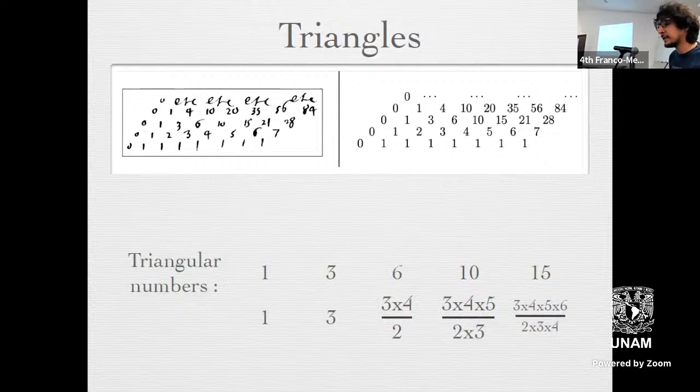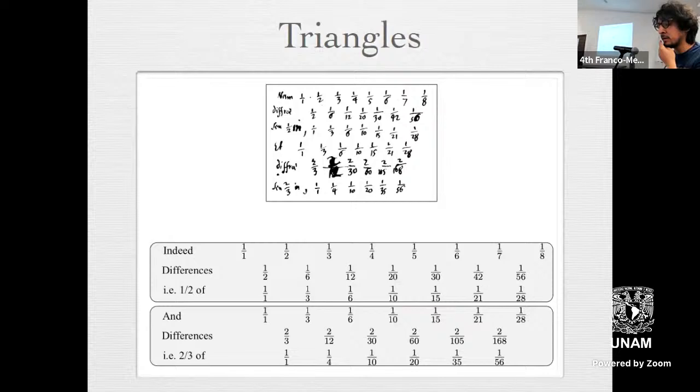Okay. And Leibniz says that the inverse of the combinatorial numbers represents a triangle of differences too. You have to multiply each line by a given coefficient, but if you multiply, you obtain another triangle, which is a triangle of differences.